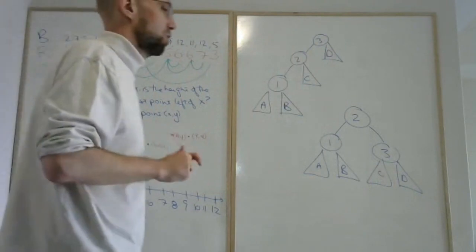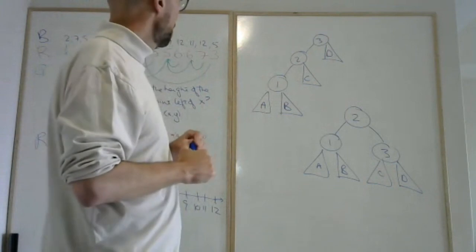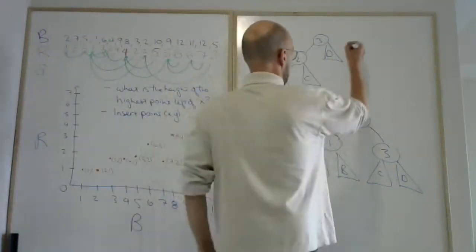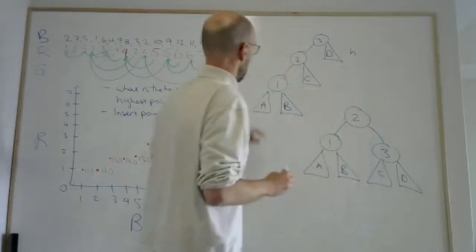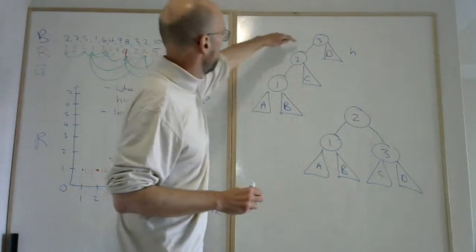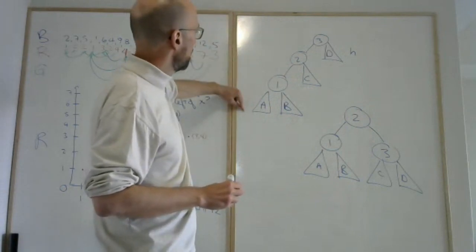so when you do insertion, you can break the balance requirement by at most 1. So it has to be that if this had height h, then this whole thing is going to have height h plus 2.